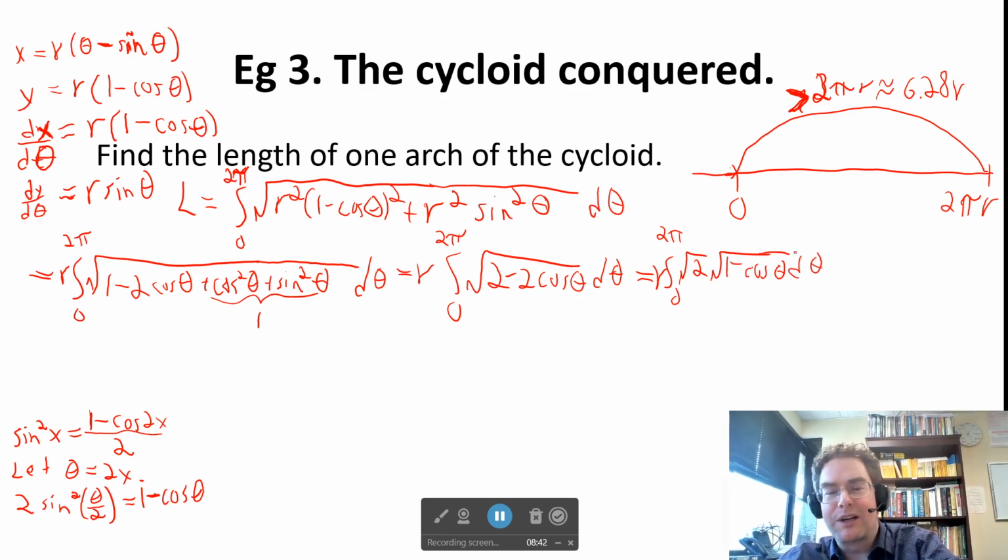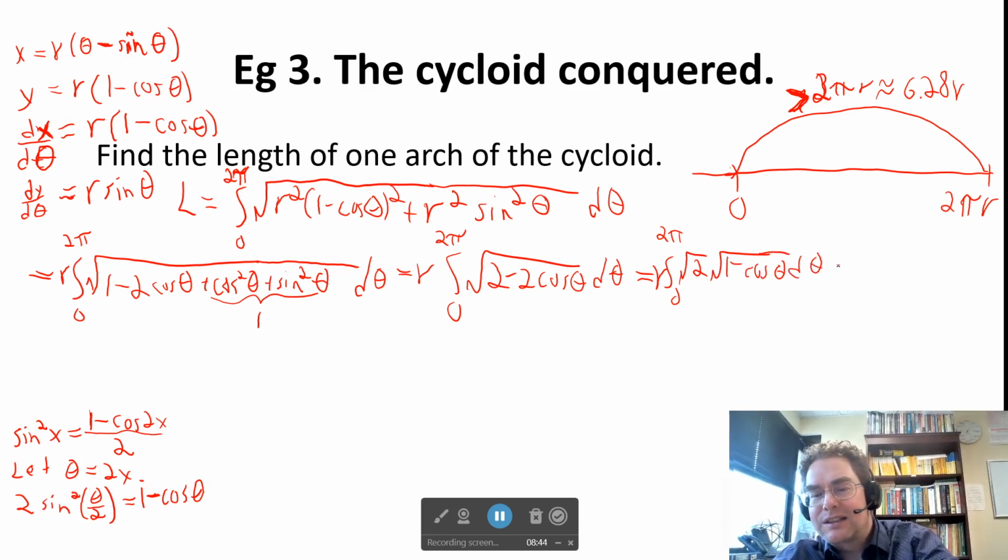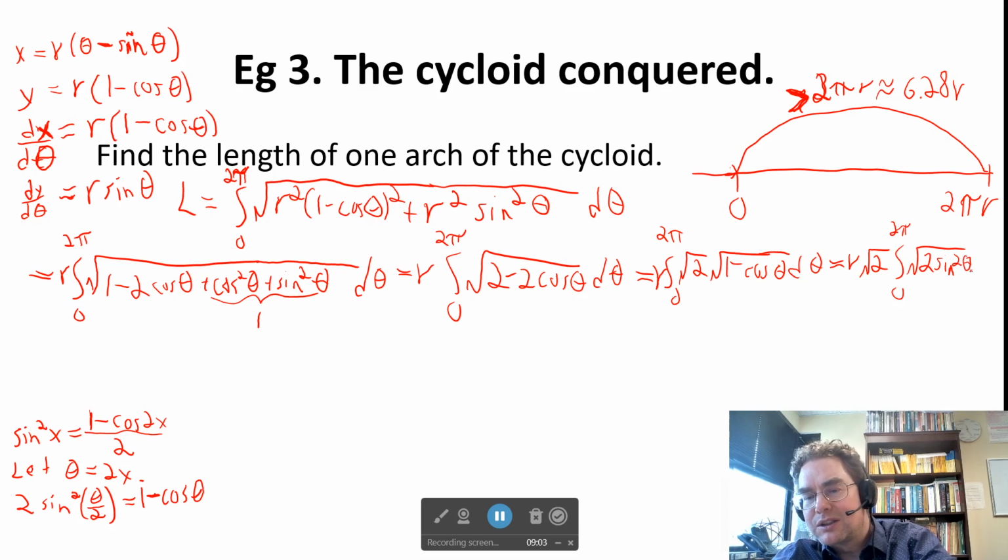And using our trig identity now, let's see. R, let's pull the square root of 2 out all the way. Integral 0 to 2 pi. Now, under the square root, we have 2 sine squared theta over 2, d theta.